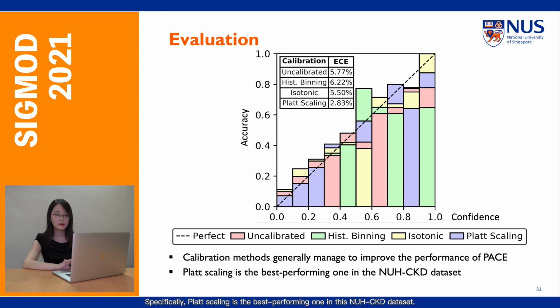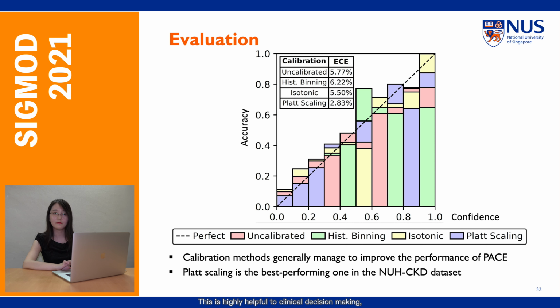Specifically, plot scaling is the best performing one in this NUH-CKD dataset. These findings confirm the effectiveness of the post-processing methods in calibrating the predictions of PACE and supplement useful auxiliary information to PACE in healthcare applications.